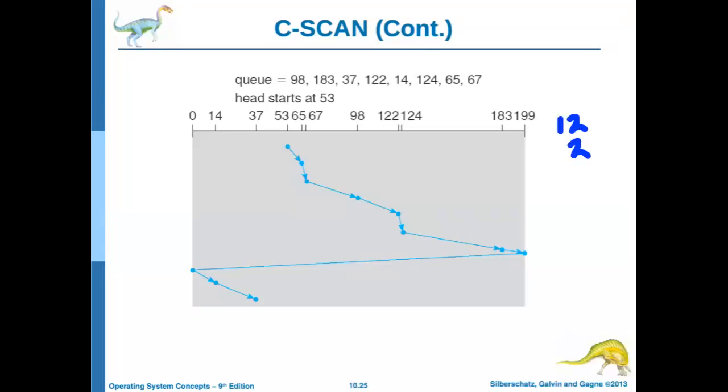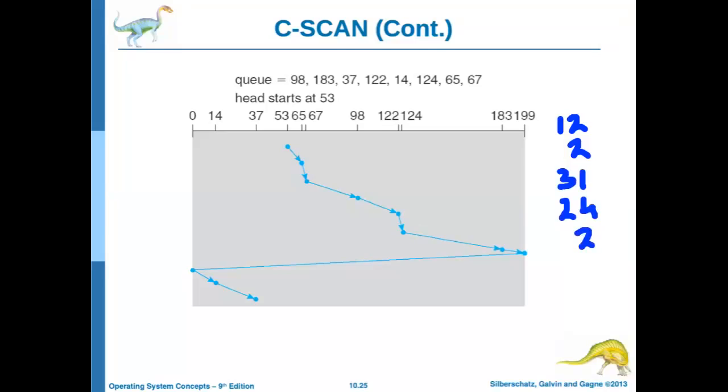Then 67 to 98, difference is 31. 98 to 122, difference is 24. 122 to 124, movement is 2.